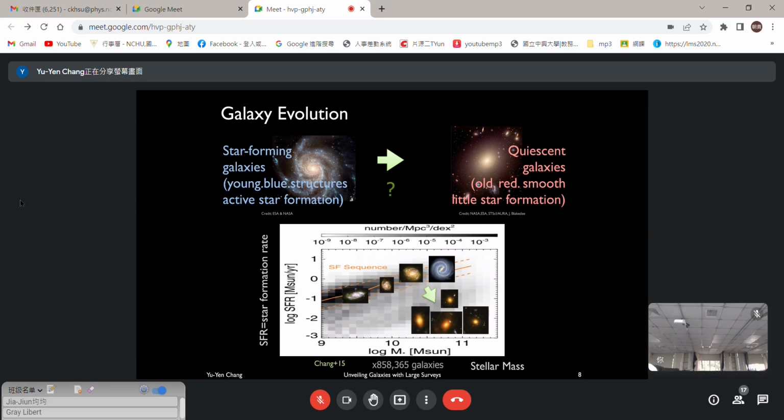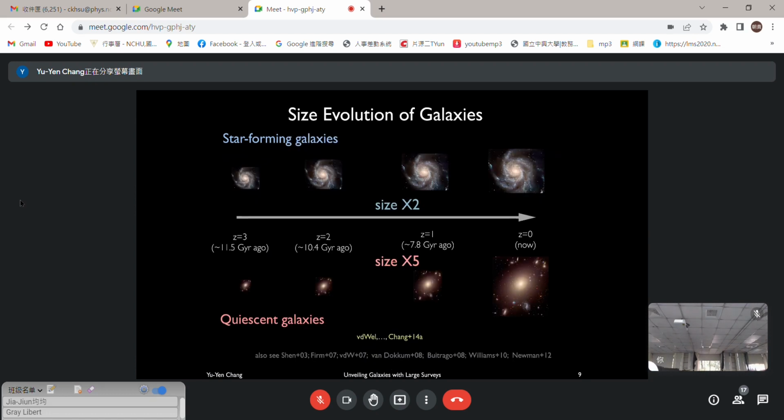One thing we can explore is galaxy size evolution. It has been studied that the sizes in the past are very different from today, even if they have very similar physical properties. At the same stellar mass, star-forming galaxies are about 2 times smaller in the past, around 10 giga years ago.